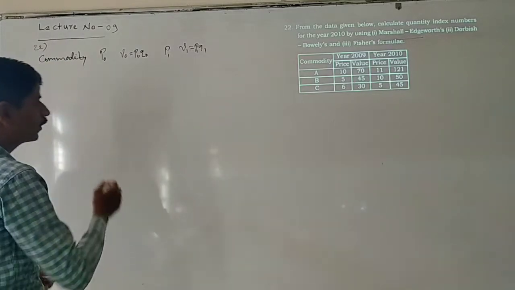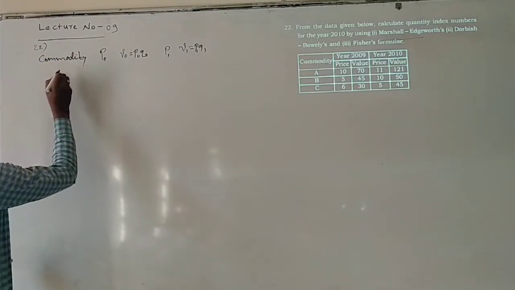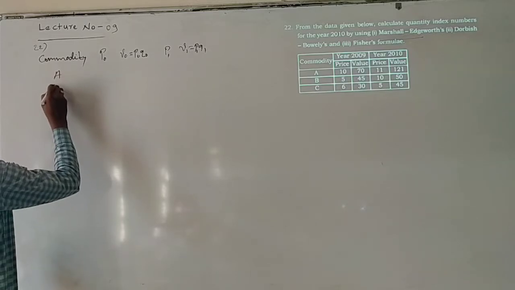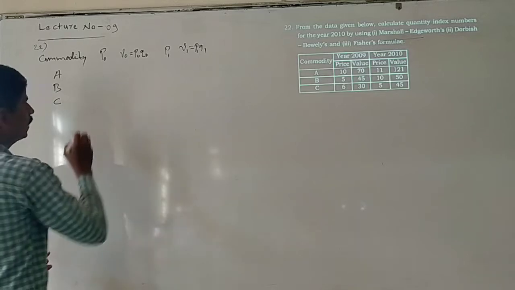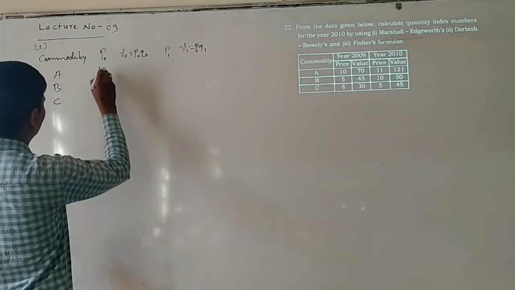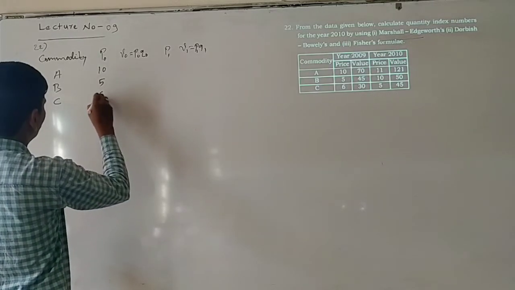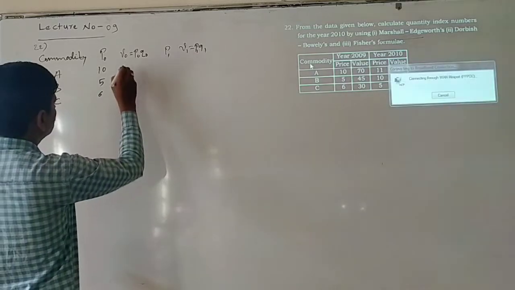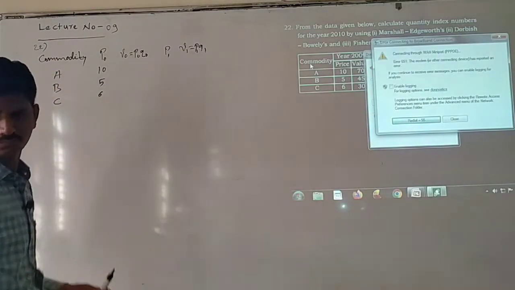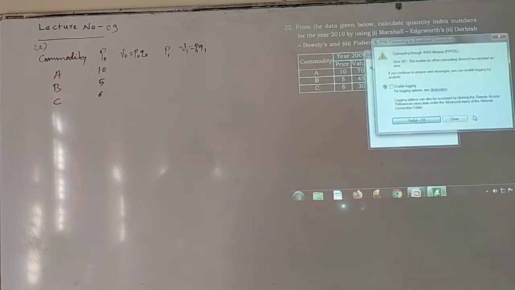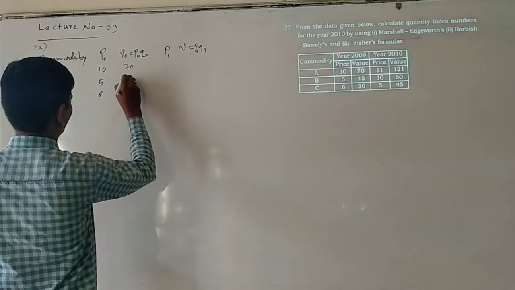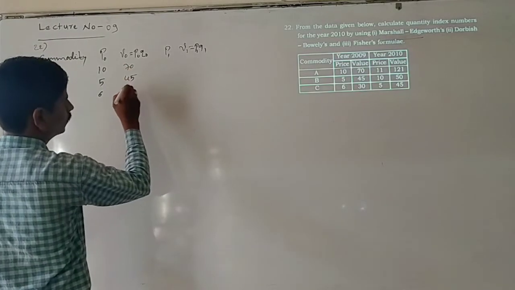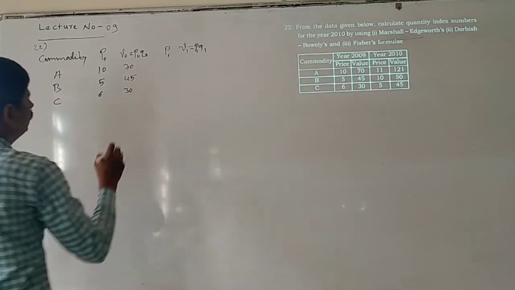Here you have to write down the commodities A, B, C. P naught: 10, 5, 6. Value V naught: 70, 45, 30.